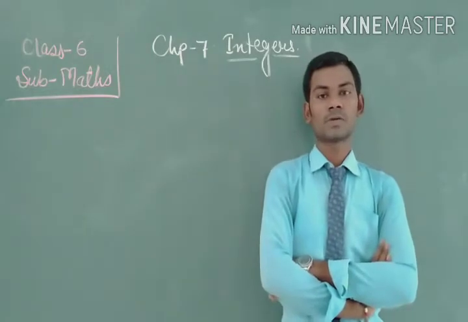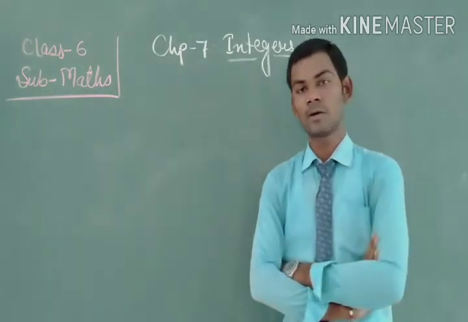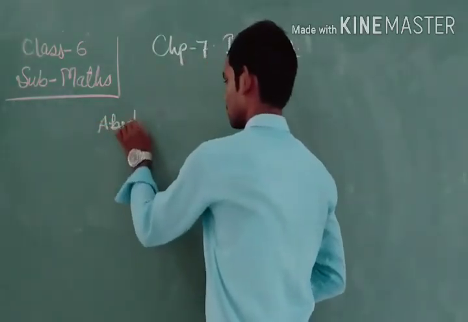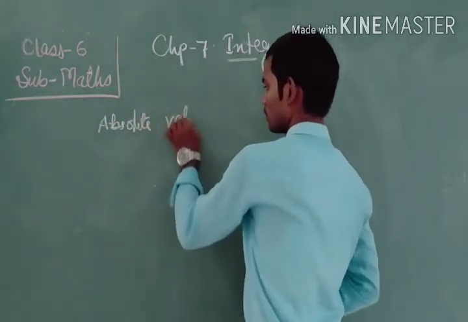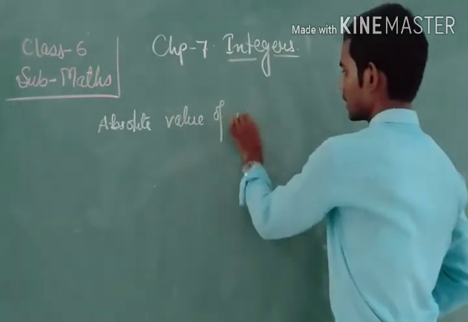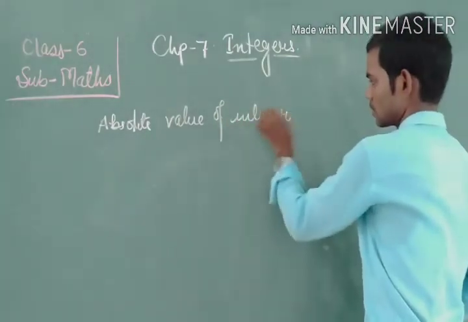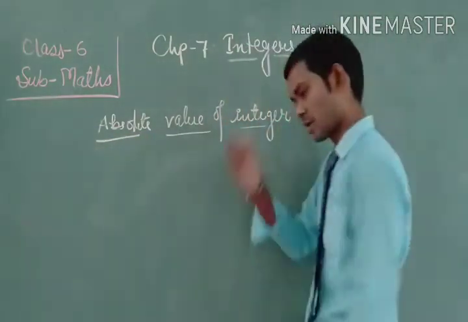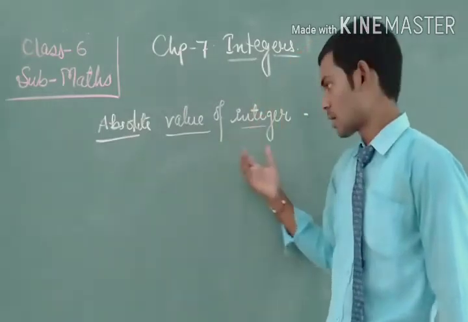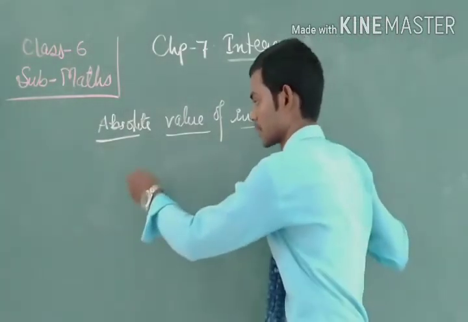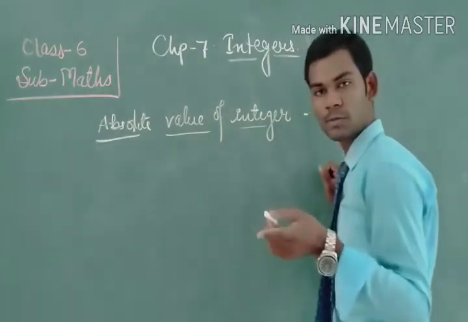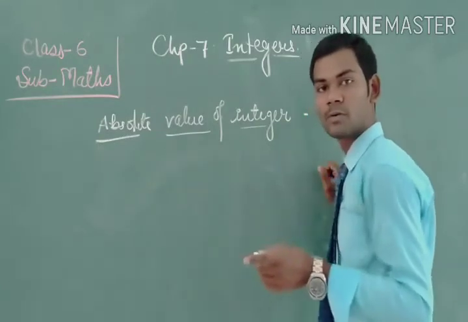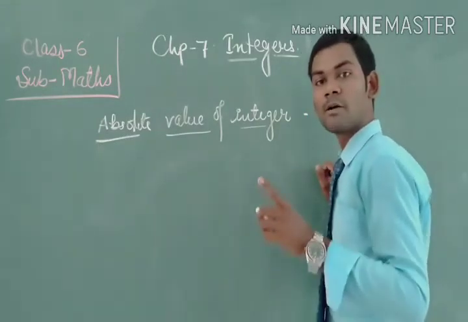Okay students, in my last video I told you about the absolute value of an integer. I explained that any number, whether positive or negative, when we find its absolute value, is written without sign.